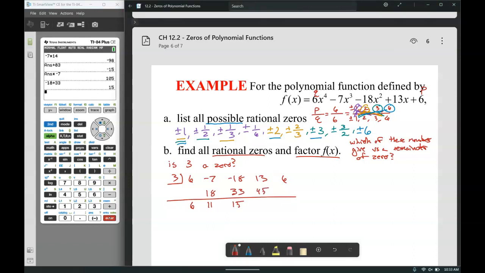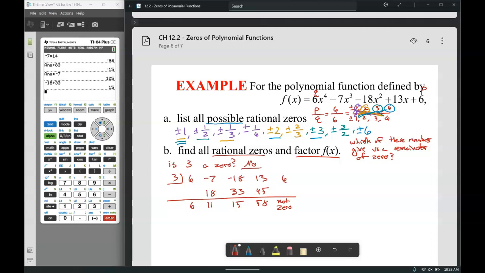And already now I can see that I'm not going to get a value of 0. This is going to give me 58, and there's no way this multiplies to give me negative 6, so this isn't going to give me 0. So I know that 3 is not a 0.